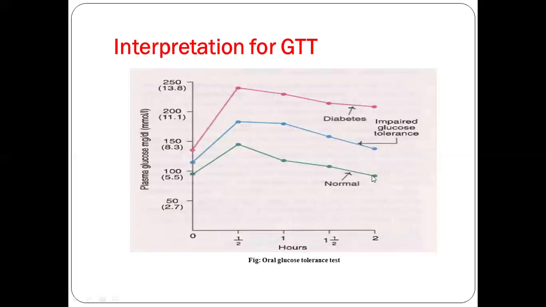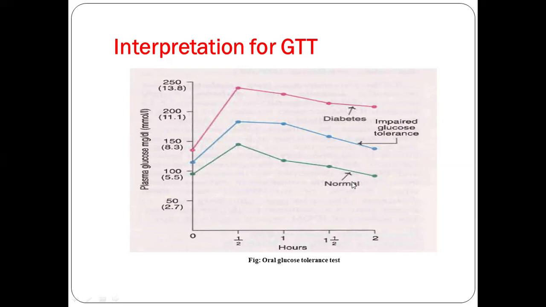And 2 hours after glucose load, you're getting around 100. So this value shows the normal one. And in the graph, you can see after glucose load there is an increase and then a decrease, and simultaneously it is going to decrease within a narrow range. So if you get a graph like that, that means the person is normal.